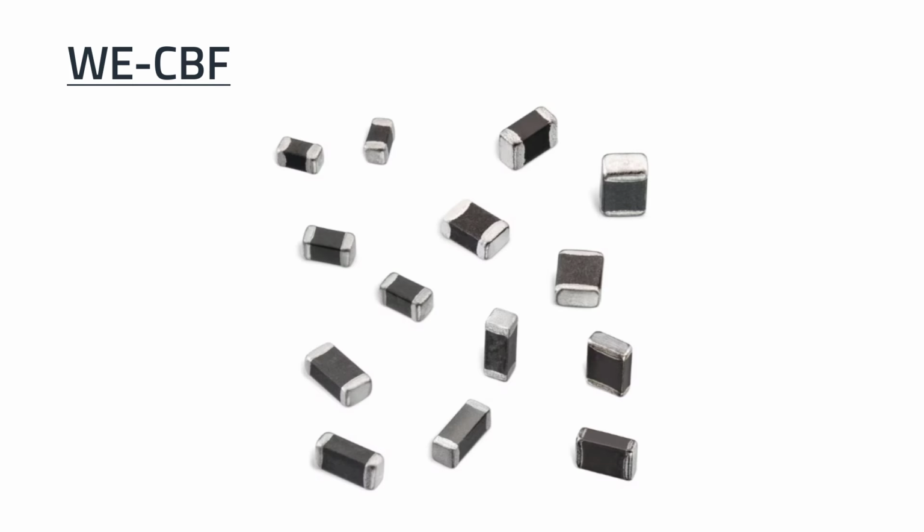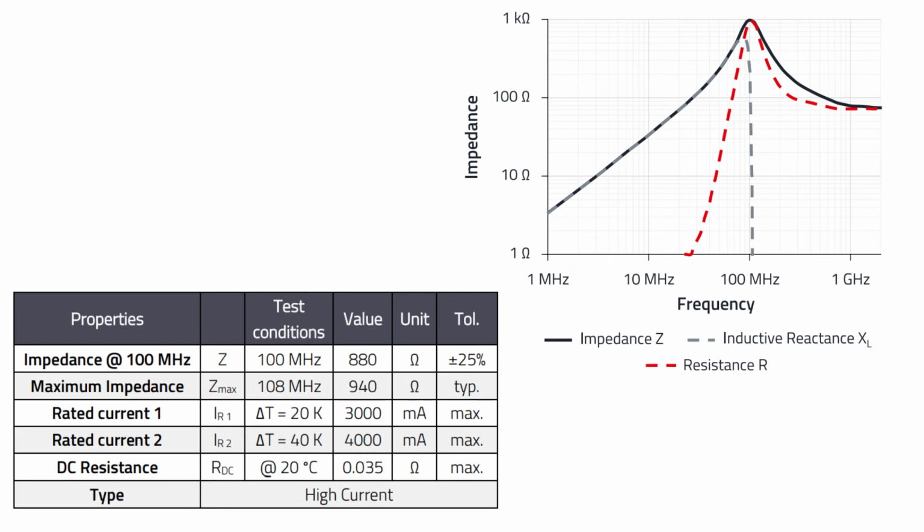The ferrite selected here is our WE-CBF surface mount EMI suppression ferrite bead. It's 742795252. The impedance chart that we see next and the electrical properties from the datasheet are also shown here.